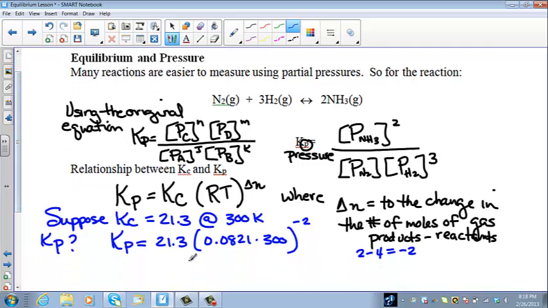So when I solve for this, I get a Kp equal to 0.035. Okay, and there are no units for K. So this is like the one time that you can get away without writing units. Because it's a constant, there are no units.